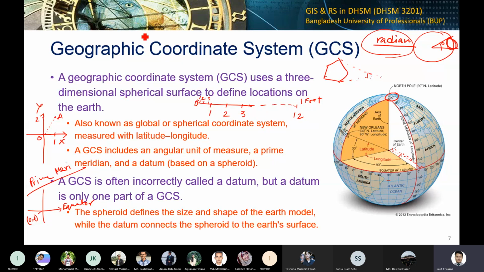And of course, just like if you have a circle and you cut it in half, you have 180 degrees. So these meridians also have segments of 180 degrees east and 180 degrees west. And similarly, parallels have north and south. So 90 degrees north and 90 degrees south.